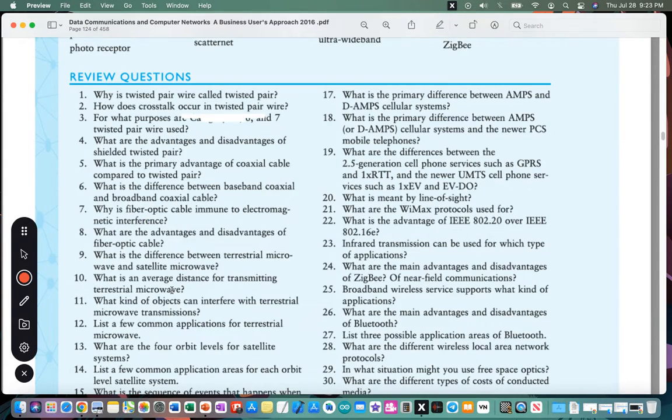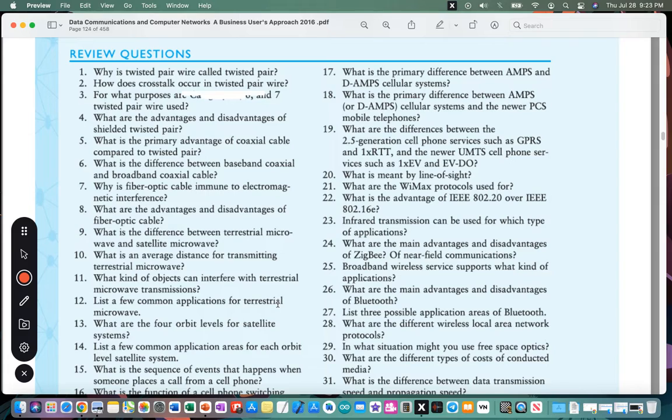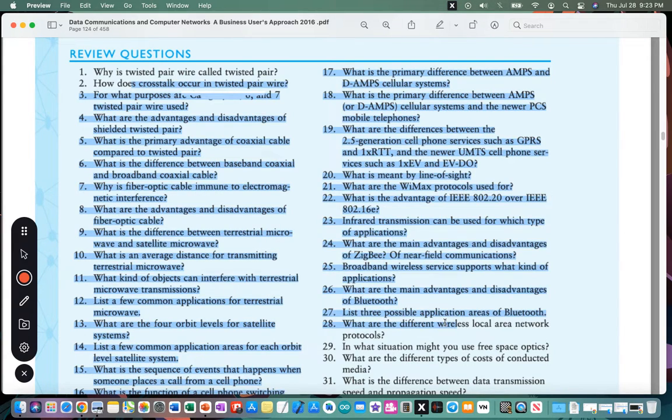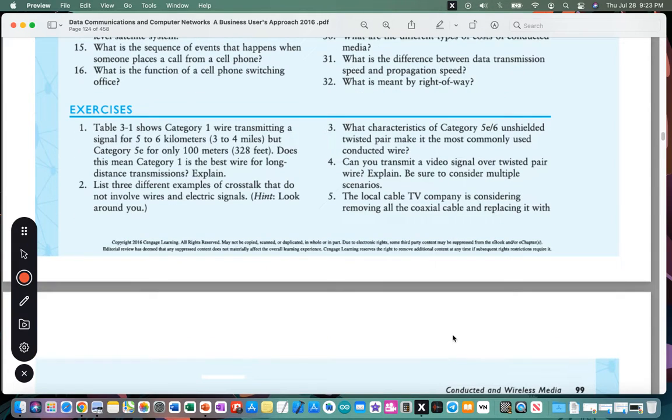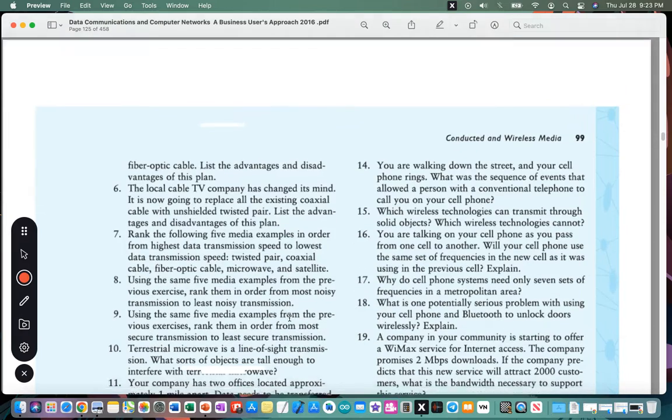Then we have the review questions, to test yourself to see if you can answer all these questions. Of course, skimming will not enable you to answer all these questions, all right? And the exercises are a little bit harder than the questions.